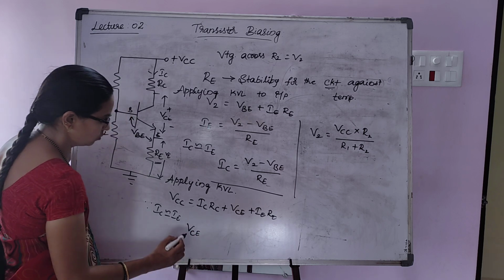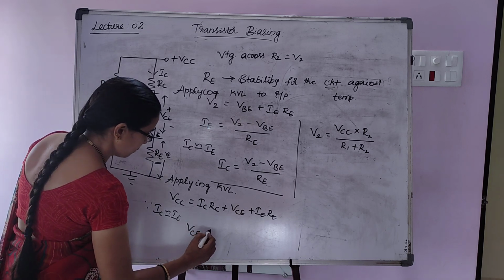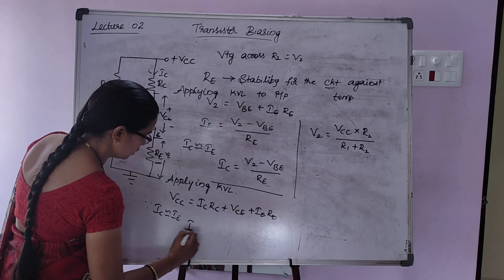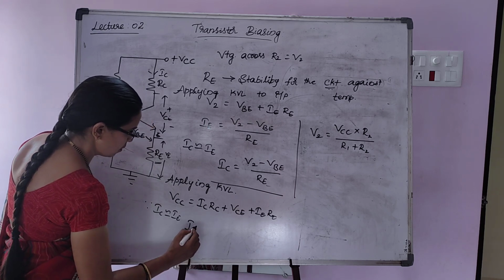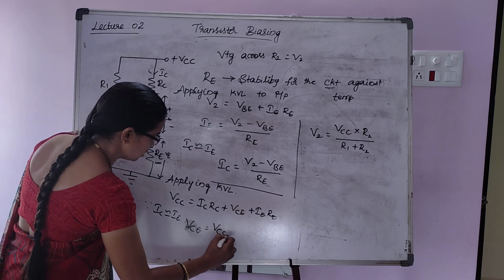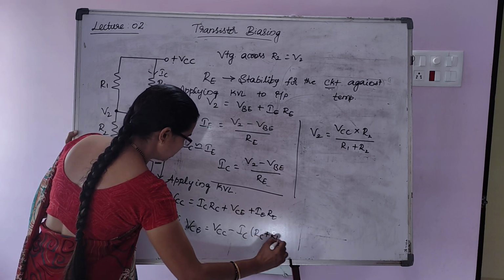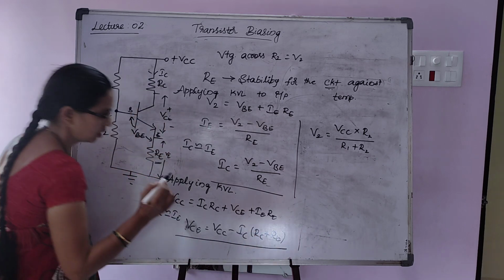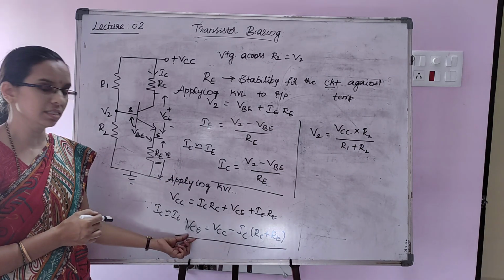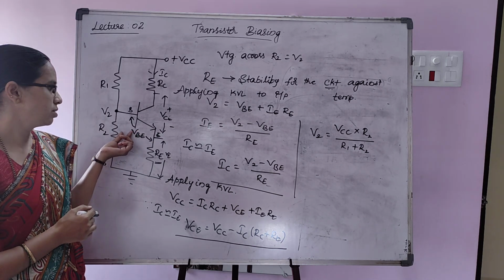VCE is equal to VCC minus IC times (RC plus RE). This is how we can find out the value of IC and VCE using the voltage divider circuit.